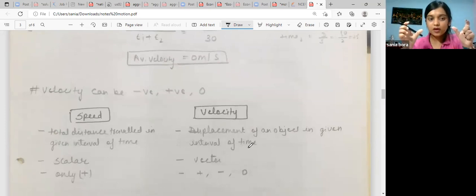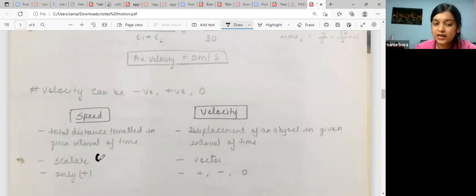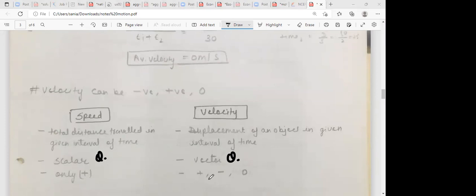Speed is a scalar quantity. Velocity is a vector quantity. Speed can always be positive, but your velocity can be positive, negative, and 0. Clear?